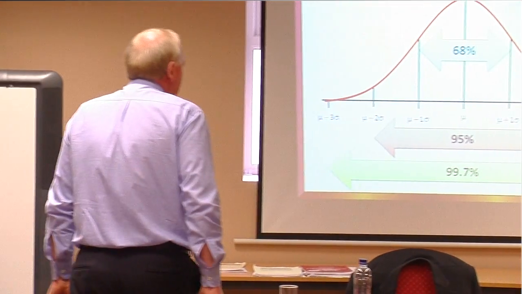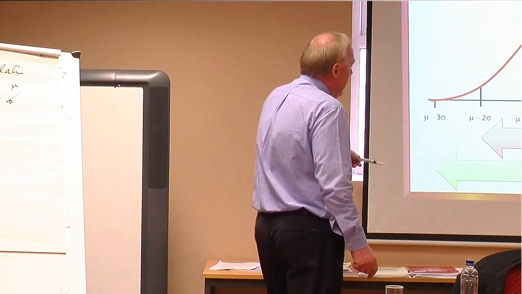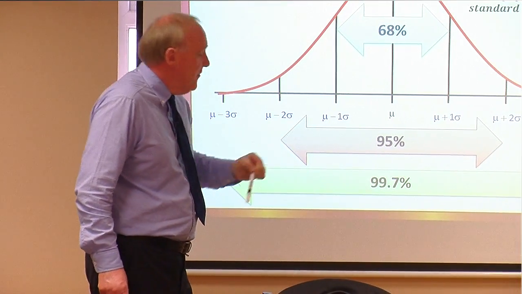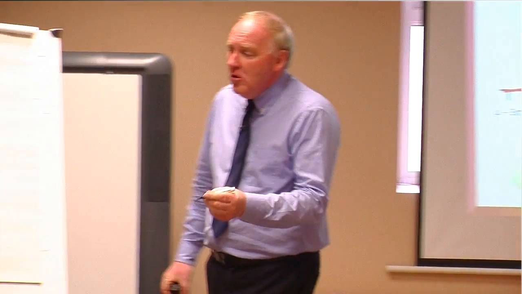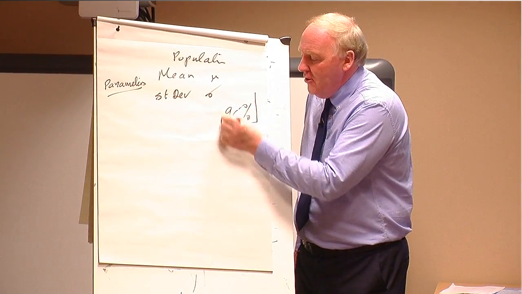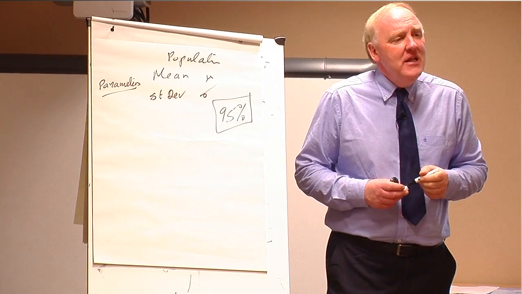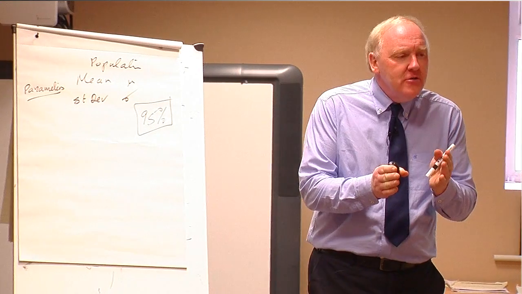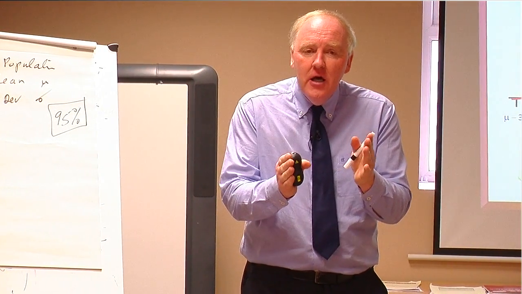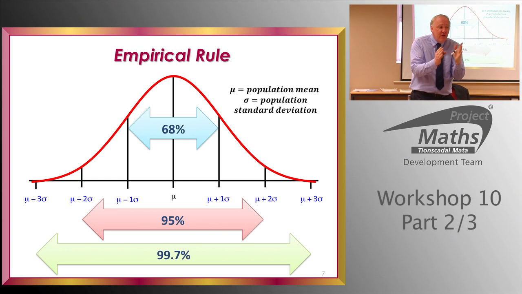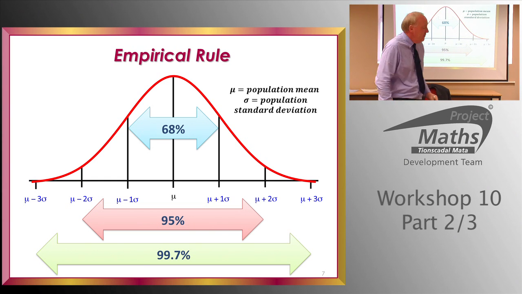Okay? And again here we see that mu minus 2 standard deviations to mu plus 2 standard deviations gives you 95%. And I suppose on our course, this is the 95%. And of course, what that normal curve allows us to do is to put numbers or percentages on something so we can quantify. Once the shape was normal, we're in a position of quantifying, which is very important for us.